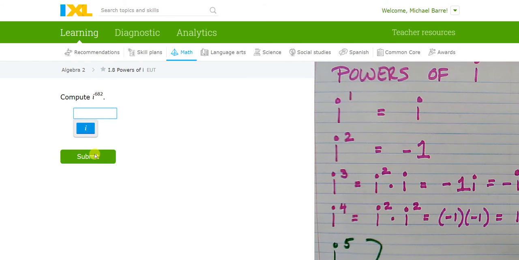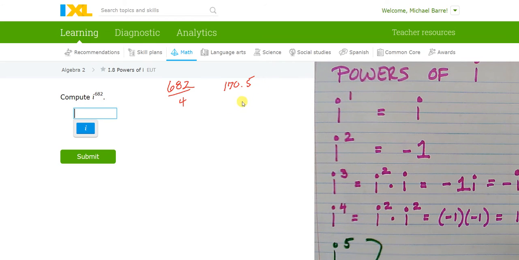682. 682 divided by 4 does not go in perfectly. So let's find some logic on this one. 682 divided by 4 is 170.5.